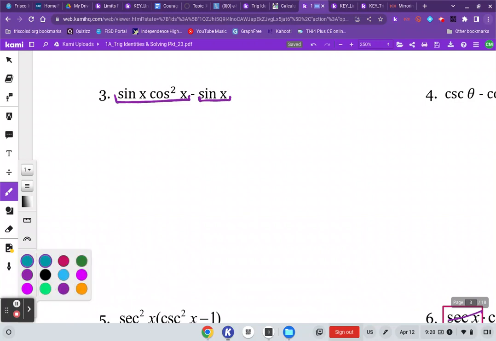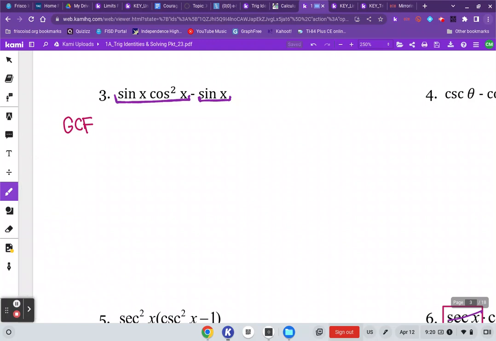They have something in common, and so I'm going to get us to factor out what they have in common. We're going to take the GCF, the greatest common factor, and factor it out. What do both terms have? Sine of x. They both have a single sine.